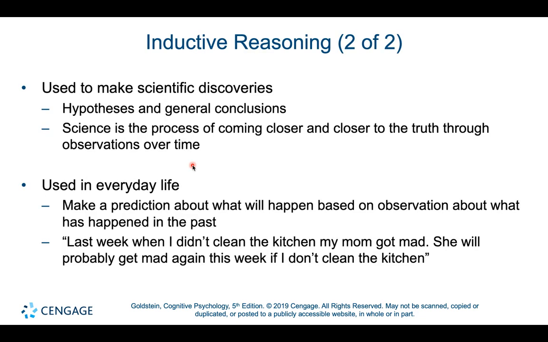But this process is the way we do science. Science is the sort of iterative process of building and building and building collections of these observations and conclusions. We base our current ideas and observations on the observations and ideas from the past. The idea being that over time, we slowly approximate the truth.